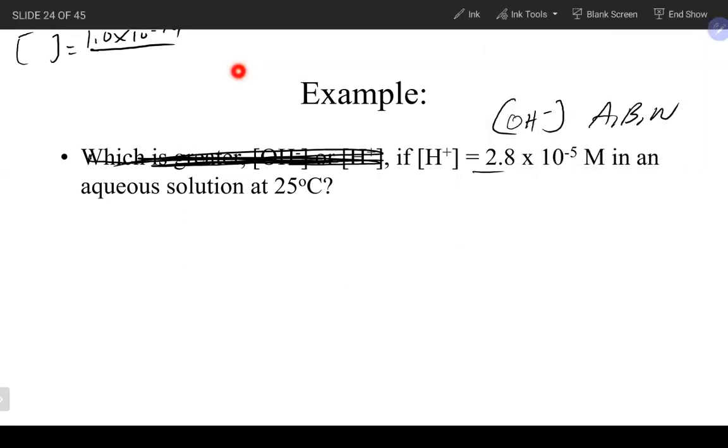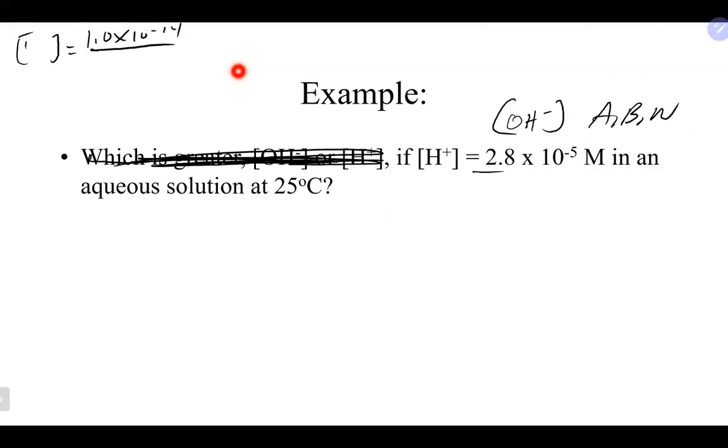They gave us the H plus, so we are looking for the OH minus concentration. There we go. And we have 2.8 times 10 to the minus 5. That's going to give us 3.6 times 10 to the minus 10 molar.